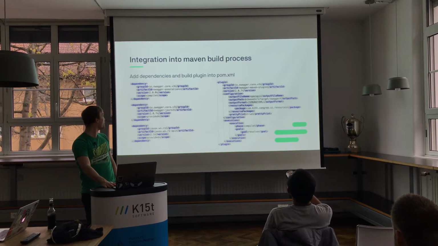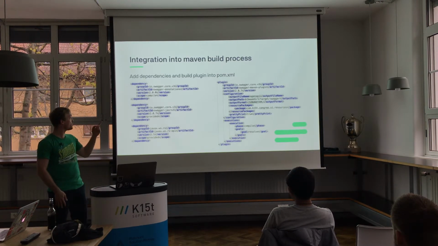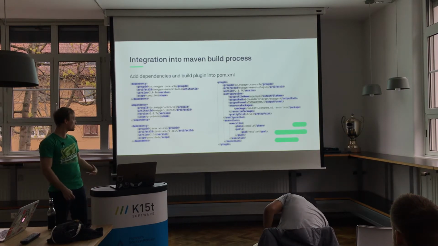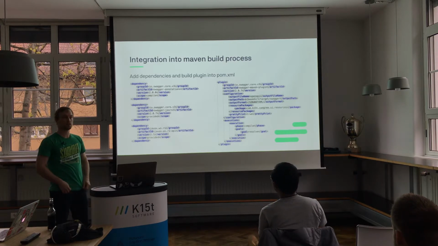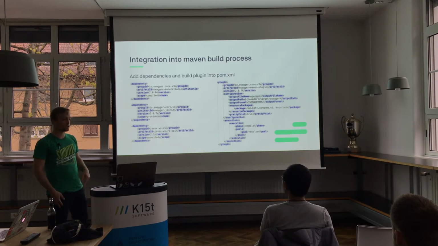In my Maven file, I had to integrate three dependencies: to the annotations, to the JAX-RS 2 basically required for the framework, and for the parser, and a new dependency. Actually, it's not required in this case, but we were using an older version of JAX-RS, and we had to use 2.1 because of an updated interface.